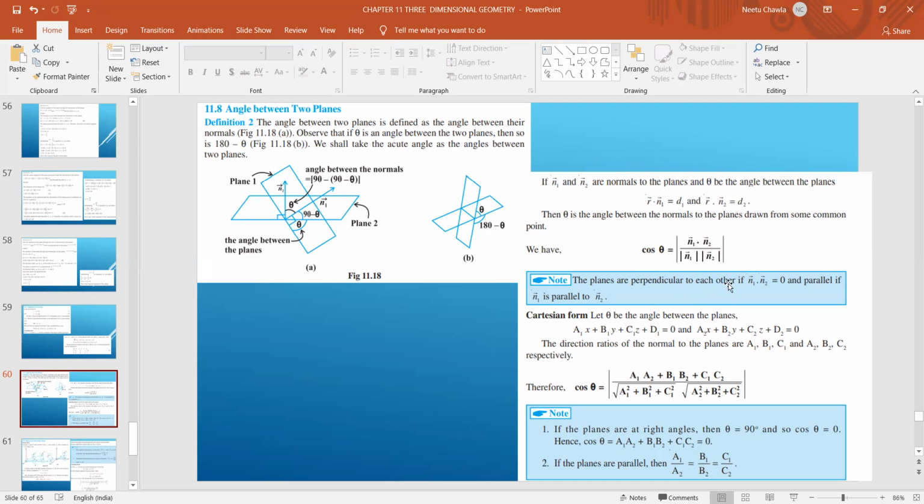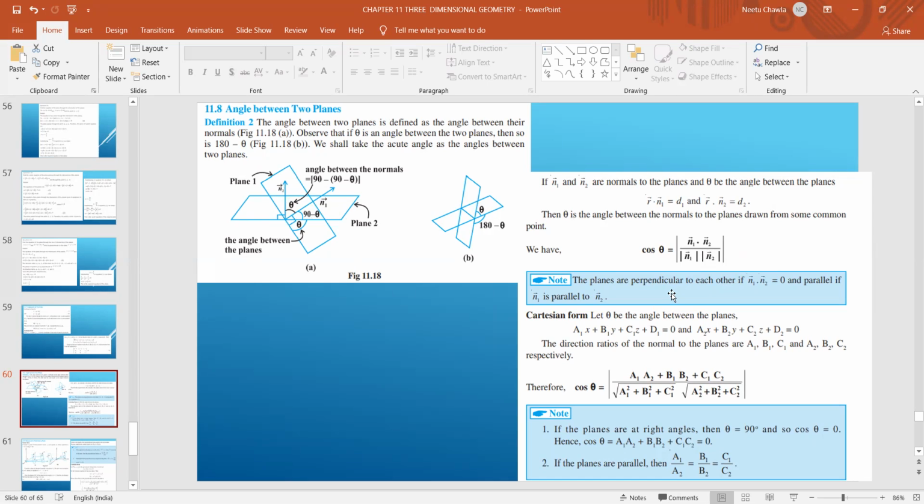This is similar to your previous formula when we were supposed to find the angle between two vectors using their dot product. Similarly, we are finding here the value of cos theta.